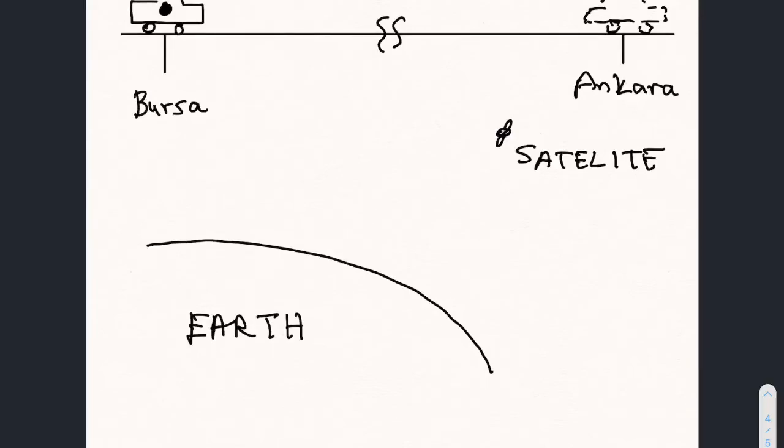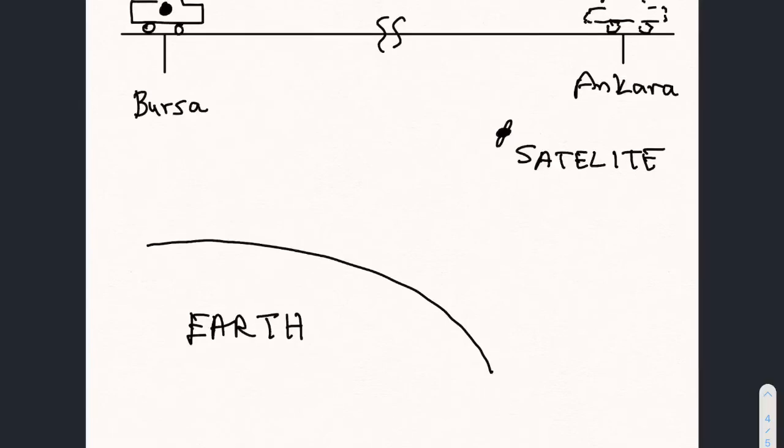So we can model the satellite as a particle. Of course, in detailed engineering calculations, we don't do that. We need to consider the size and inertial effects of rotation of the satellite. But once we model the general perspective, like once we look from outside, let's say we look from Mars or from the Moon, then we can consider the satellite as a particle. So compared to the size of the Earth, the satellite can be considered as a particle.